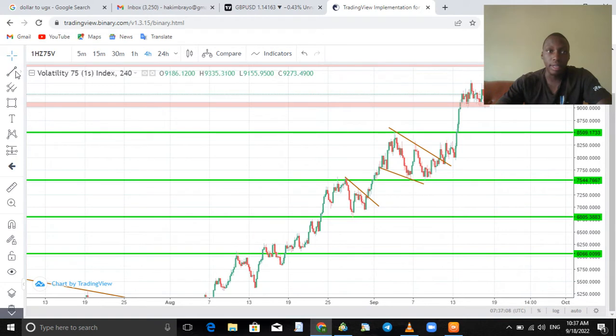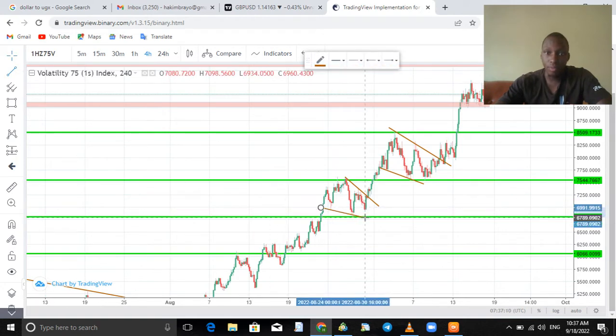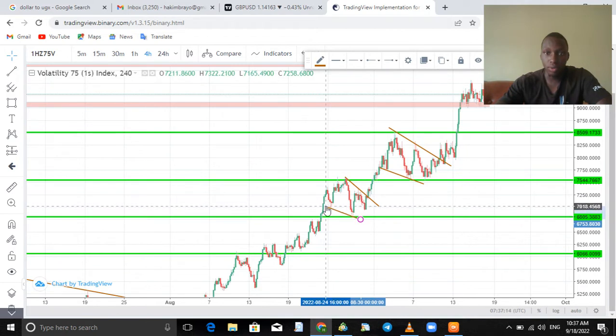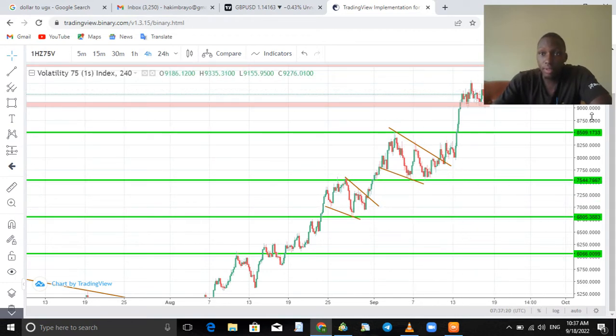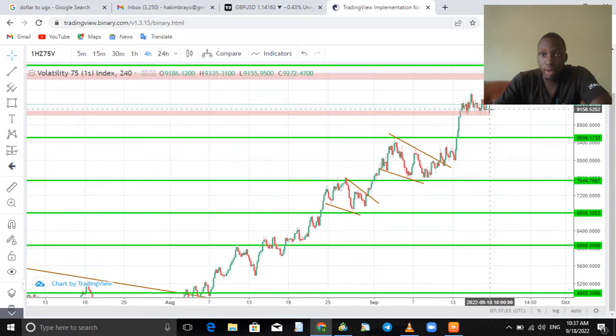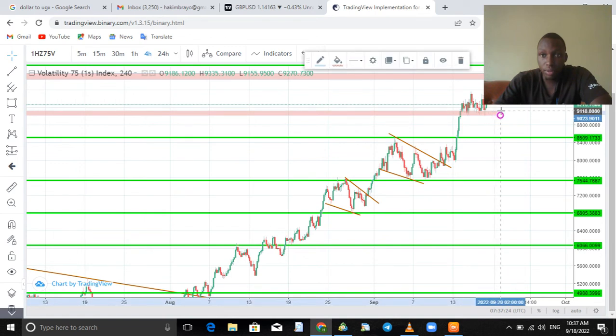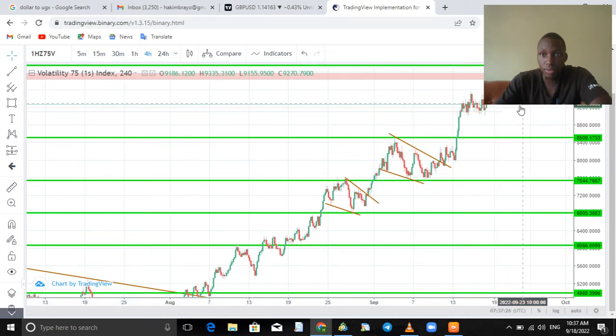Just know that if you're in a buy trend or an uptrend, that means that trend is still continuing. If you're in a downtrend, that means that trend is still continuing. Now we have a little bit of consolidation around this level.